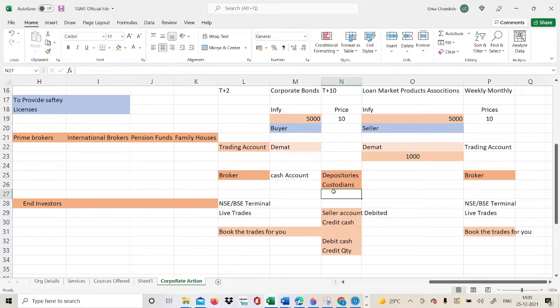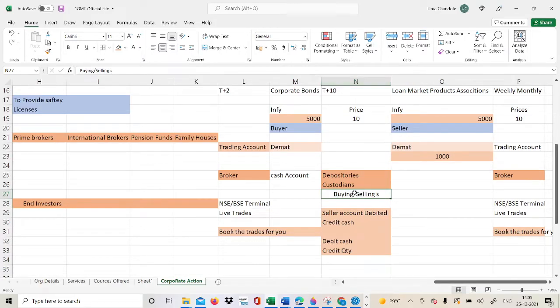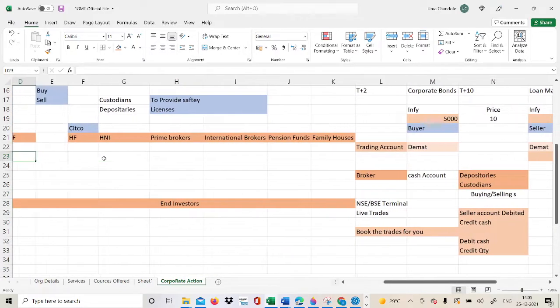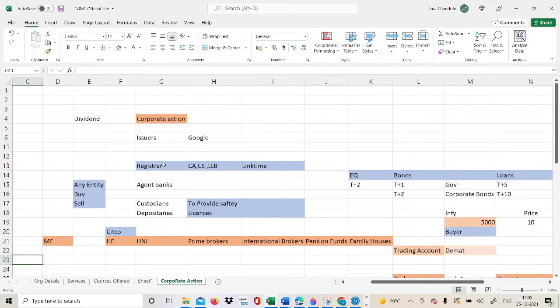So now the main important point is, suppose the custodian is taking care of all the activities, buying and selling, right? Eventually, if you see any corporate action event, if the issuer announces any event, they will inform the registrar, and the registrar is obliged to inform the custodians, or else the agent bank.